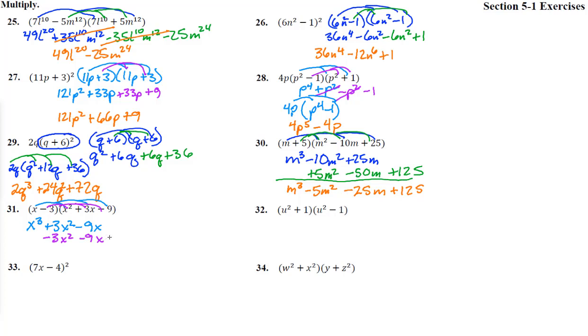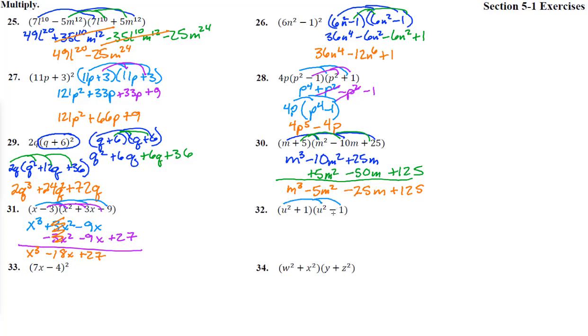Oh, plus 27. Okay, so we get, something canceled. Those 3x squareds canceled off of there, and we got x cubed minus 18x plus 27. Alrighty, nice.